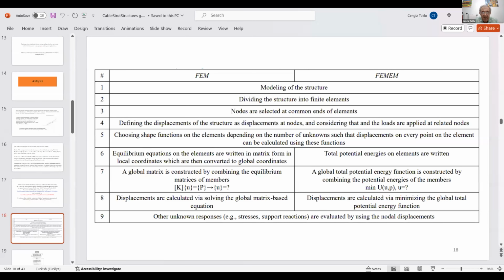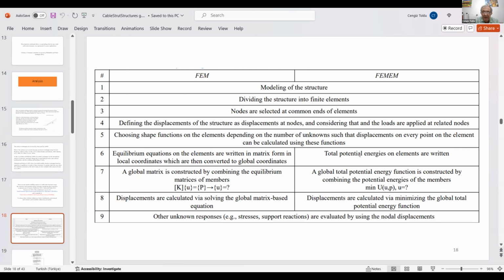That enables us, on the sixth step on the left, to write the equilibrium equations between forces acting on the nodes and the displacements that we measure on the nodes. This we do in the finite element method.